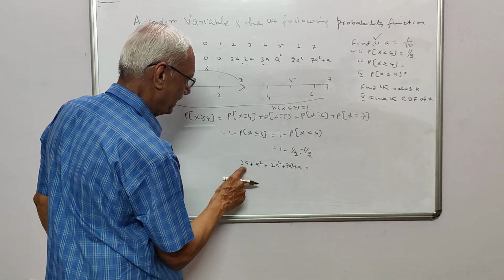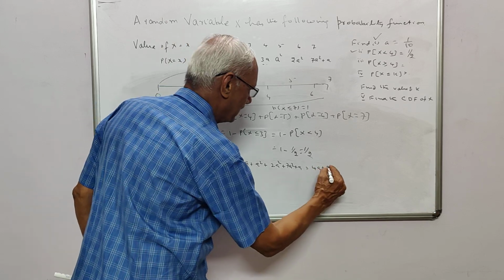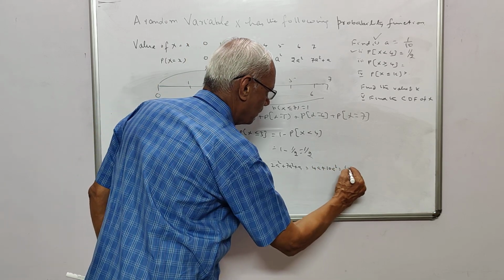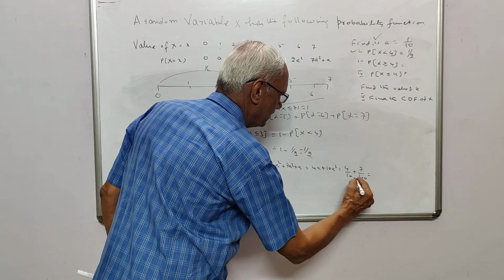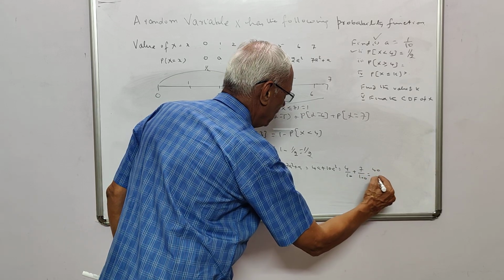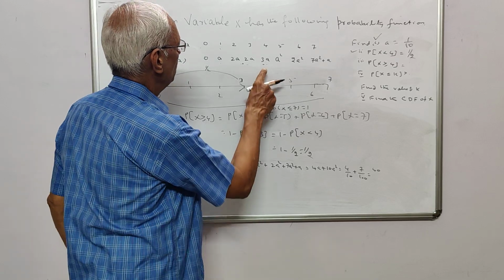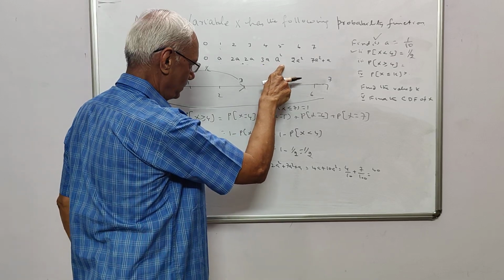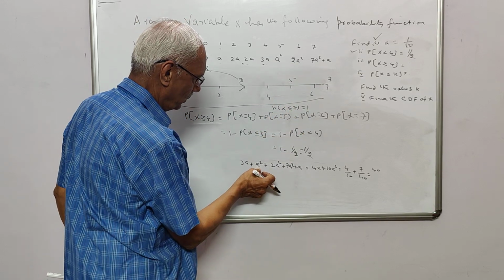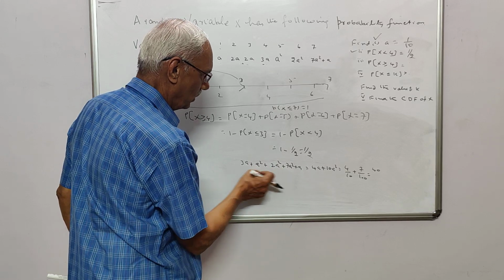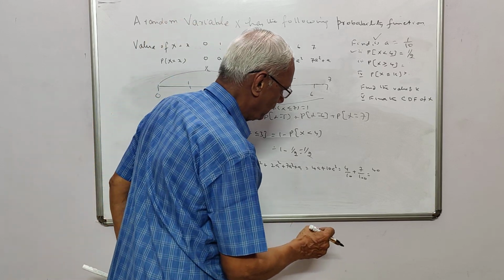So you see that 3a plus a is 4a plus 10a square, that is equal to 4 into 1 by 10 plus 7 by 100. This is what you have: 3a plus a square plus 2a square plus 7a square. So how much do you get here? 2a square, 7 plus 2 is 10. This one, 1 plus 3 is 4. Now you have got this.